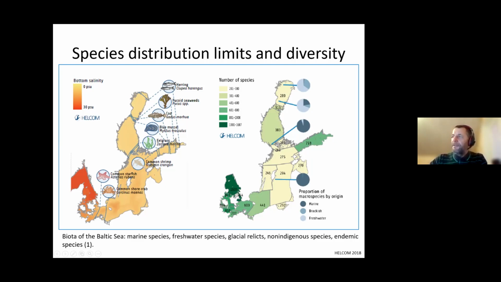So the increase in species diversity in some northerly and easterly areas of the Baltic Sea is not due to an increase of marine species, but an increase in the number of freshwater species in those areas.